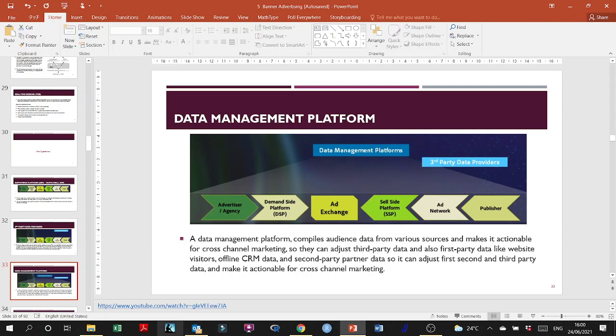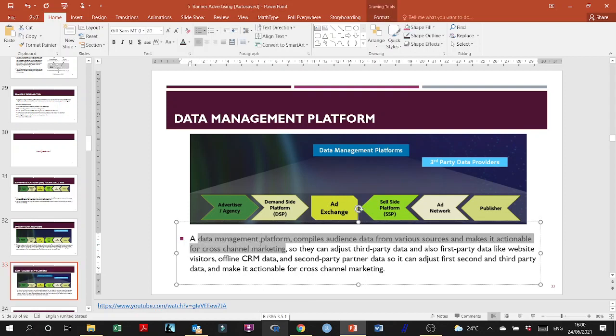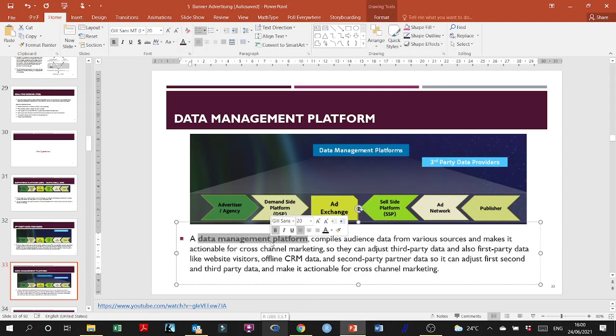The data management platform compiles audience data. Now we're going to talk about the data management platform, meaning where do we house, store and compile data about audiences. As you can see, it's shedding its light over all parties of the ecosystem.